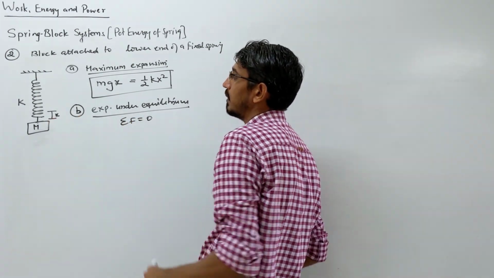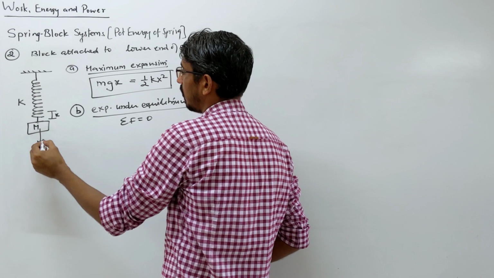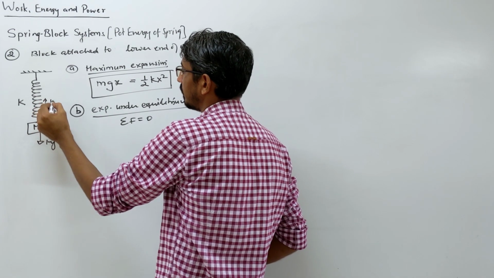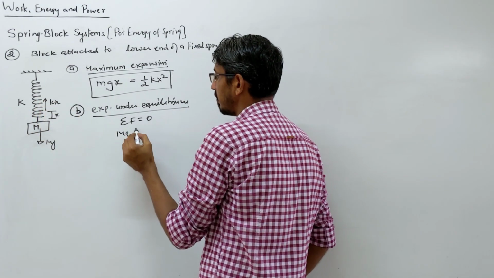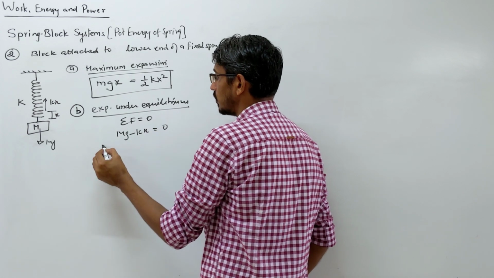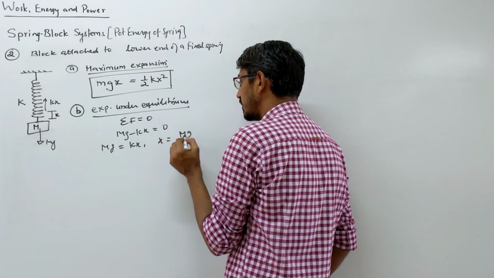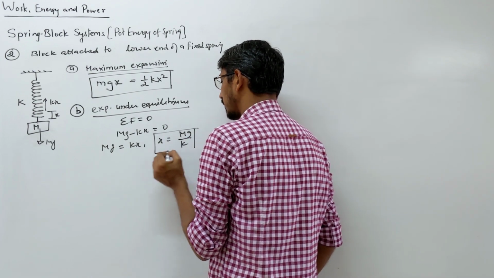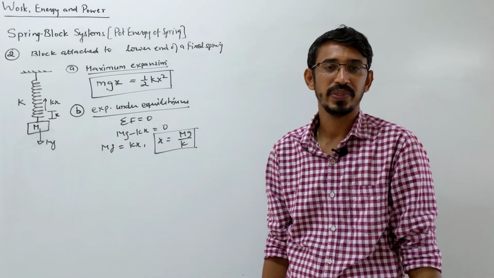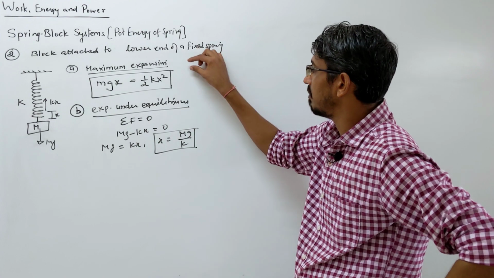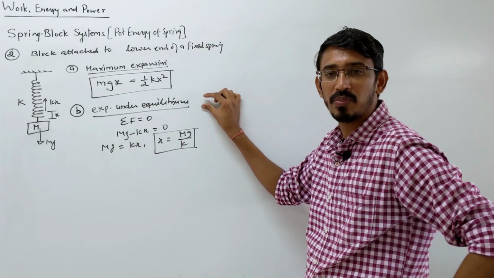So two forces are acting on this: mg downward and kx upward. So again, with two forces, mg minus kx should be equal to 0. So mg should be equal to kx, or your x is nothing but mg upon k. That's your spring expansion, right? So maximum and under equilibrium, no problem here.